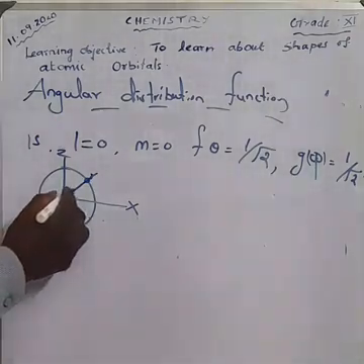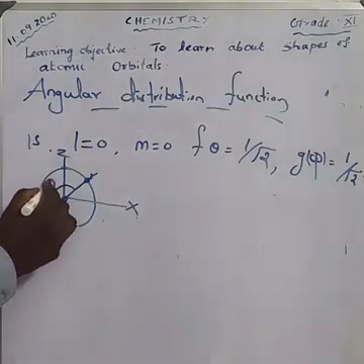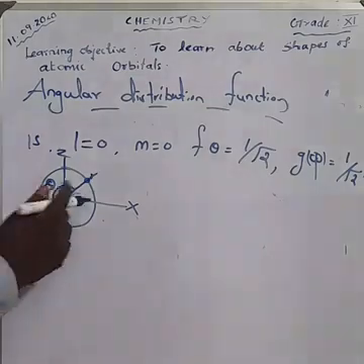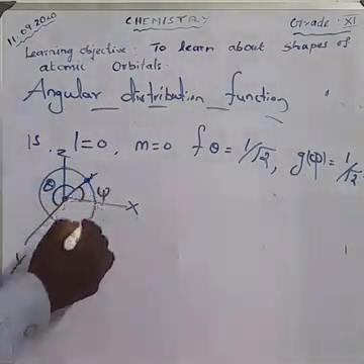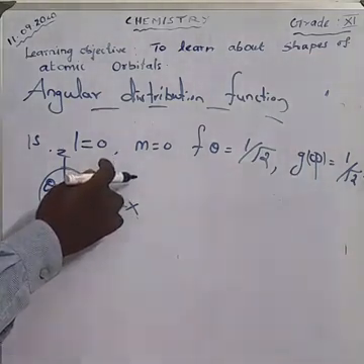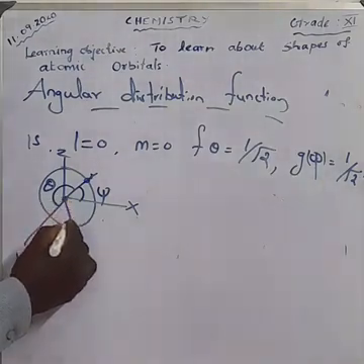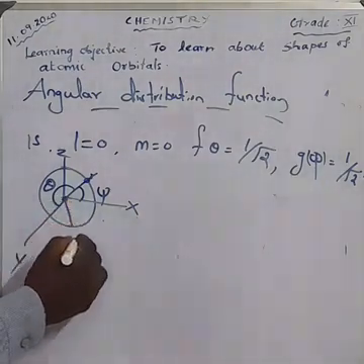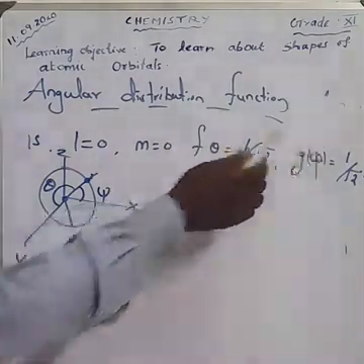Here we are giving an angle called theta. Here we are giving another angle, phi. When you are looking, it will come to this side.